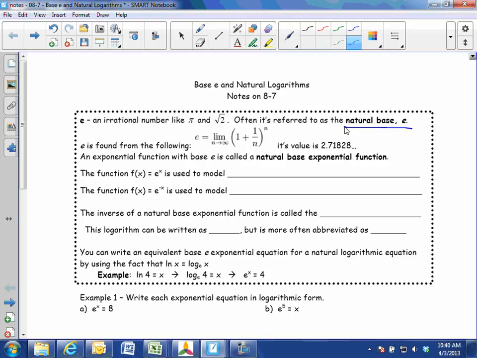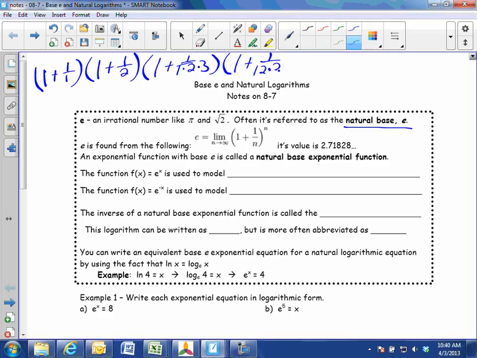In order to figure out what this is, we take 1 plus 1 over 1 times 1 plus 1 over 2 times 1 plus 1 over 1 times 2 times 3, and so on, 3 times 4, forever and ever. And that's how they get to e. It goes on forever, but usually we just round it to 2.71828.